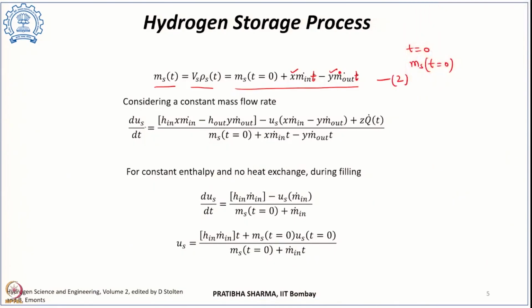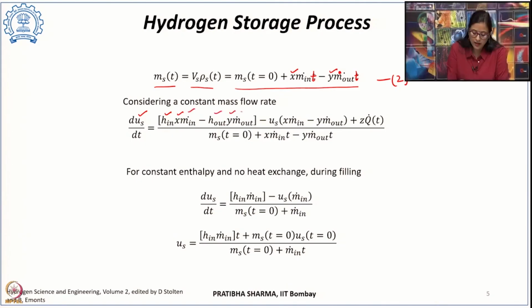So, d by dt of the specific internal energy stored inside the storage system, considering a constant mass flow rate, can be obtained as h in x m dot in minus h out y m dot out, minus the specific internal energy US times x m dot in minus y m dot out, plus z q dot t.